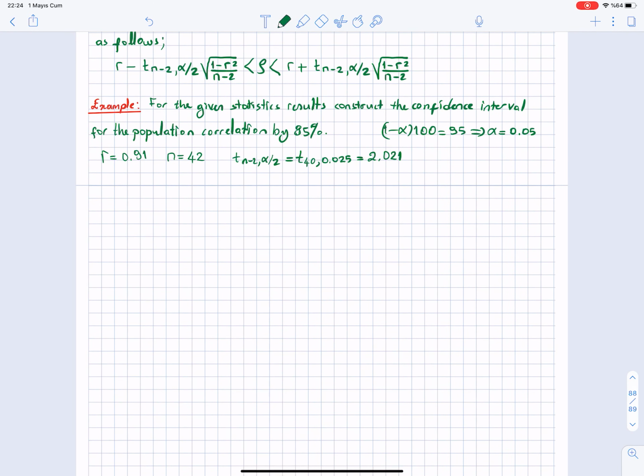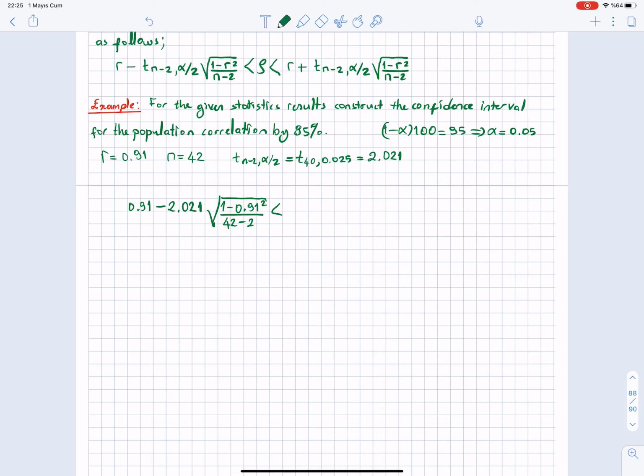Okay, let's construct the confidence interval. So r is 0.91 minus 2.021 times the square root of 1 minus r squared, sorry, this has become the Pearson correlation coefficient, which is 0.91 squared, divided by 42 minus 2.